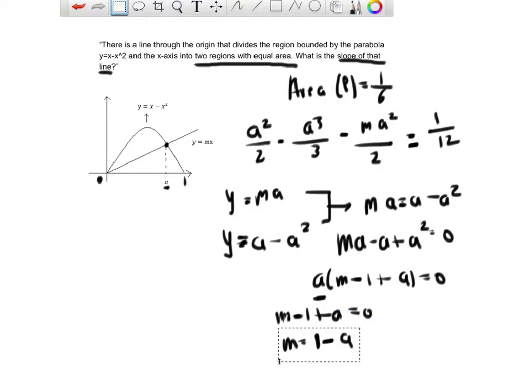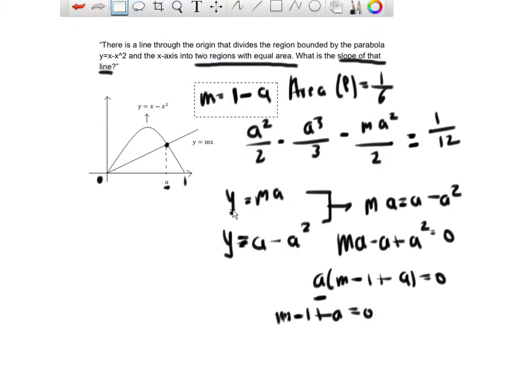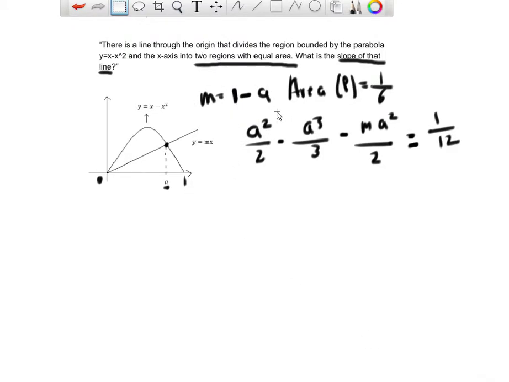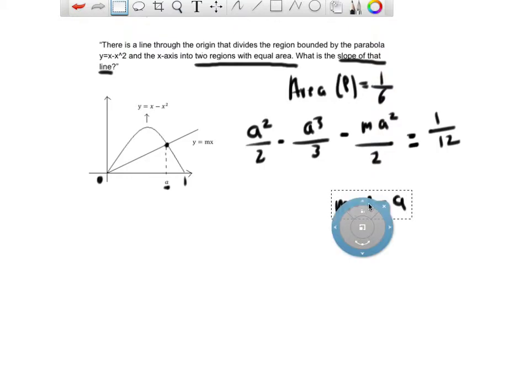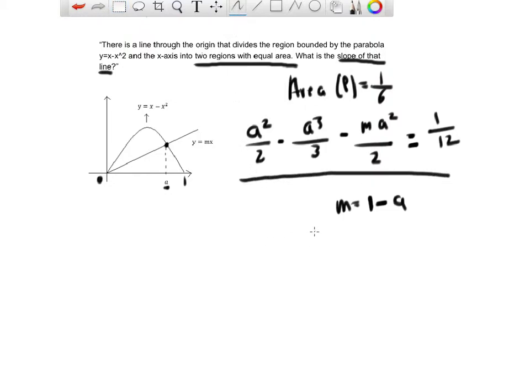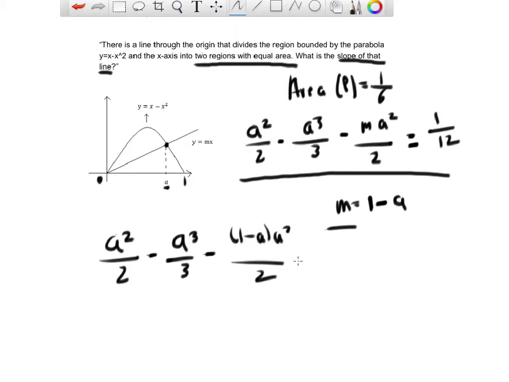Okay, and that's going to be a key, because if we juxtapose that to this equation, we get two variables and two equations. So we can solve for it. Let's look at this equation, a squared over 2 minus a cubed over 3 minus ma squared over 2, and we're going to plug in for m. So a squared over 2 minus a cubed over 3 minus 1 minus a times a squared over 2 equals 1/12.